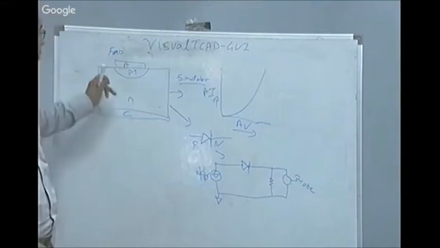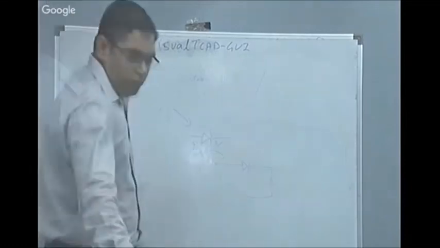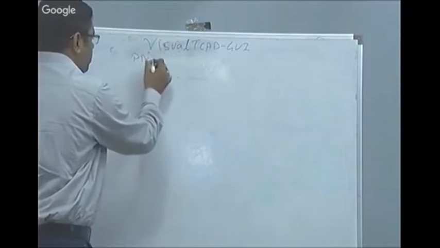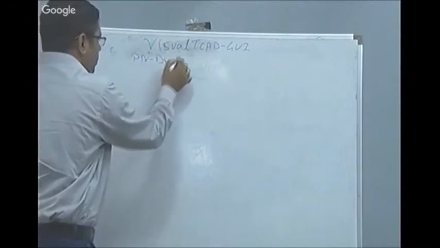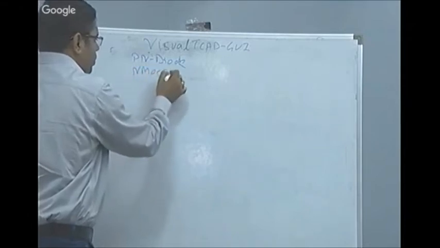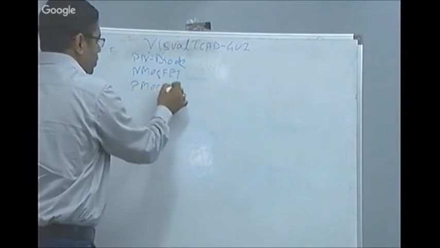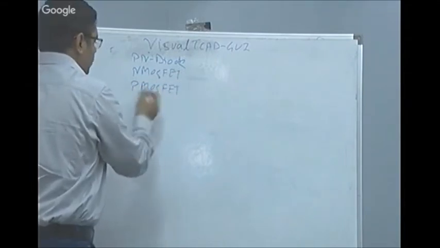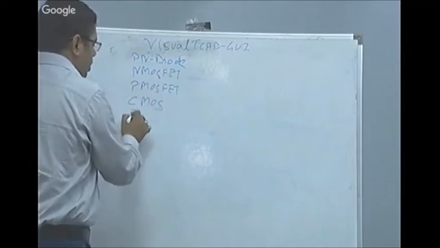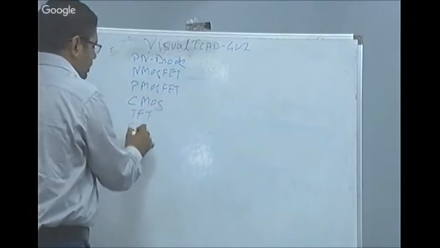Similarly, if we are designing any other device like a MOSFET, we can fabricate a MOSFET. We can fabricate a PN junction diode and MOSFET, PMOS. If you want to make CMOS directly, we can make CMOS. We can make thin film transistors. We can make solar cells.